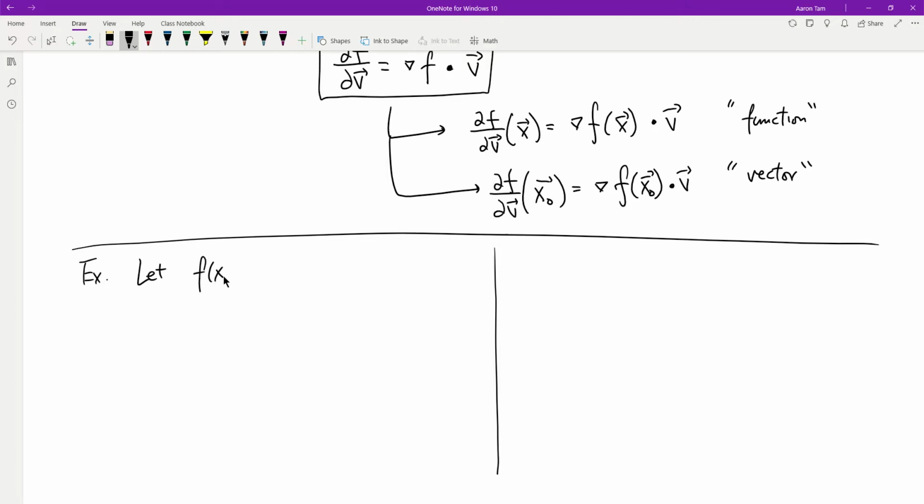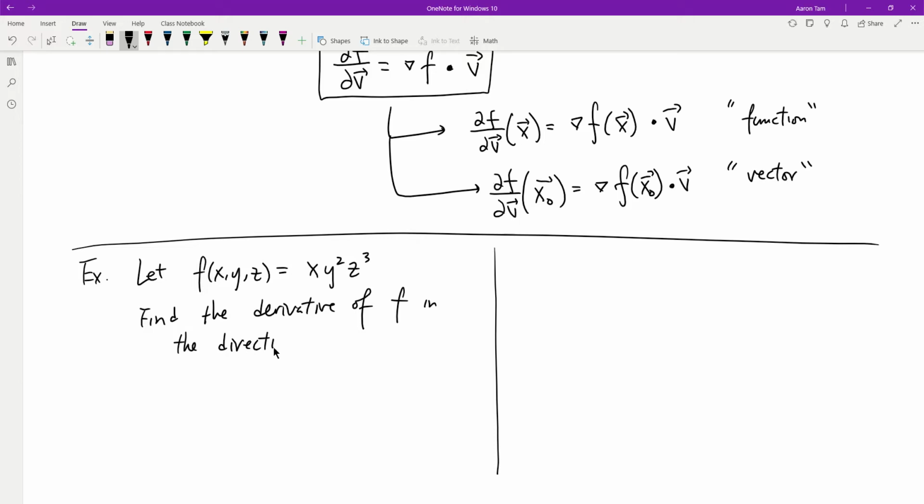Let's say f of x, y, z is equal to a very simple function, x y squared z to the third. And all I want to do is ask you to find the partial derivative of f in the direction of v, where v is equal to 1, 2, 3.